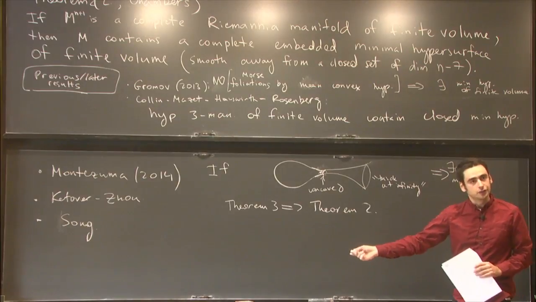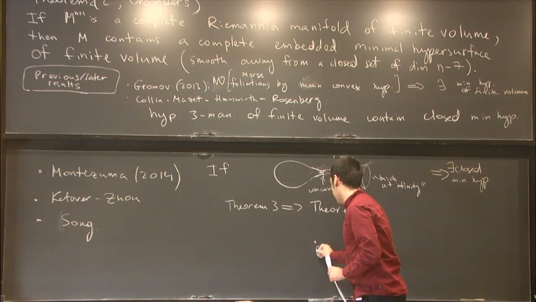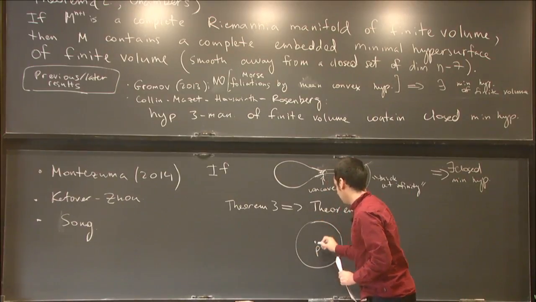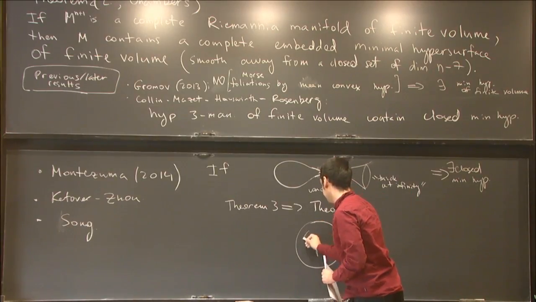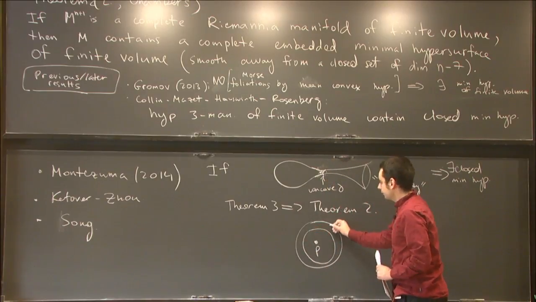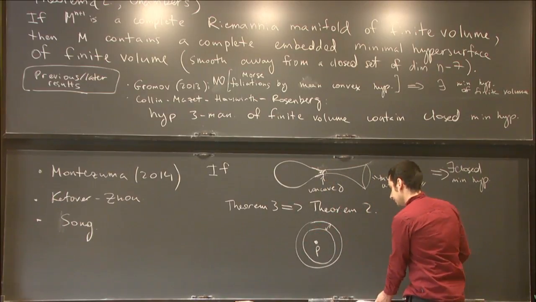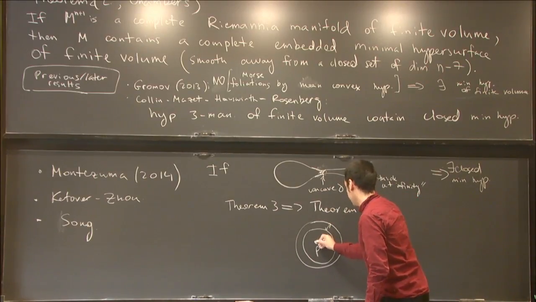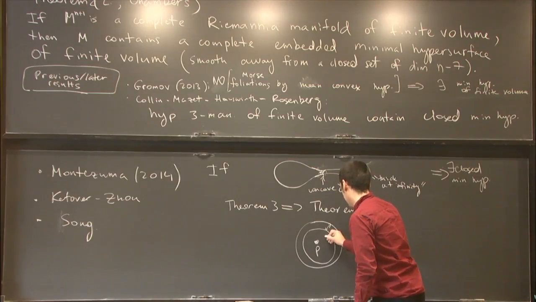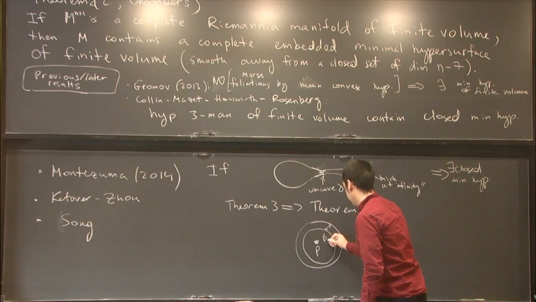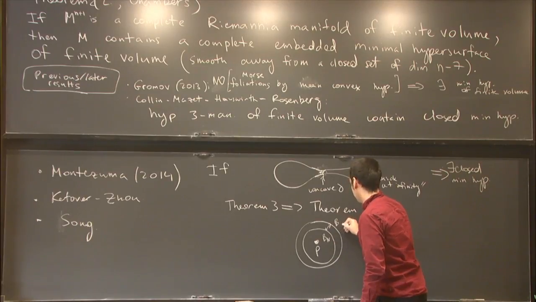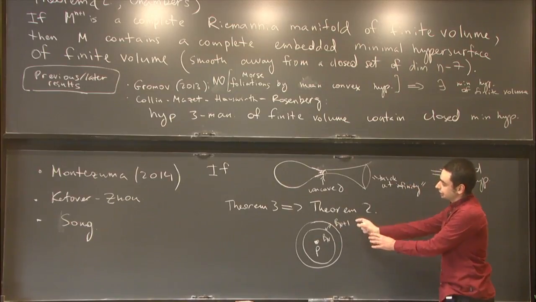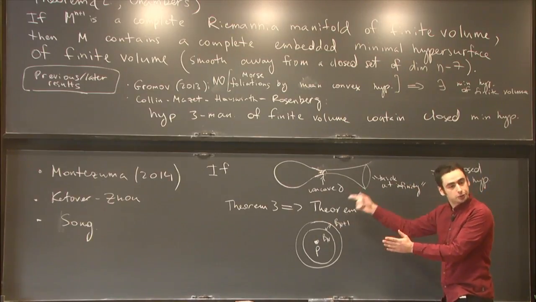If our manifold has finite volume, and if we pick any point P, and we consider large balls around the point P, say balls of radius n and balls of radius n plus 1, then the amount of volume contained in such annuli will decrease because it sums up to a finite number.